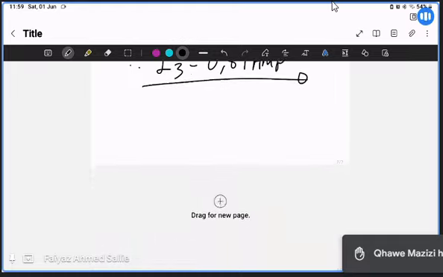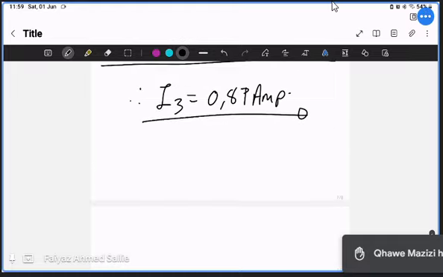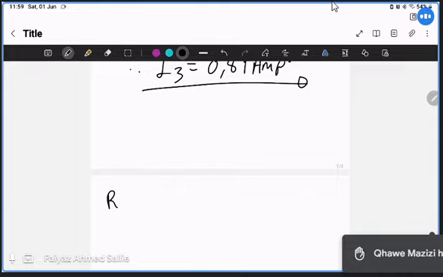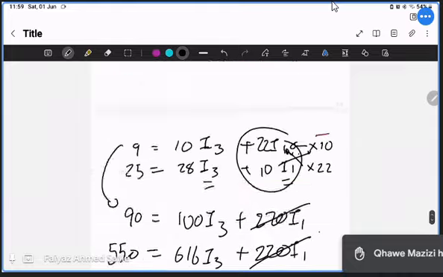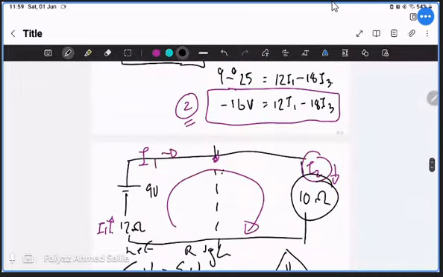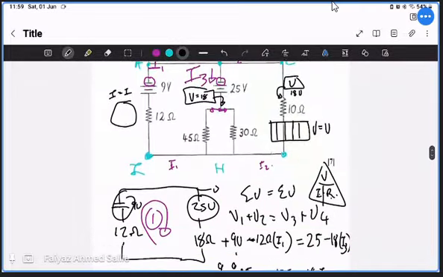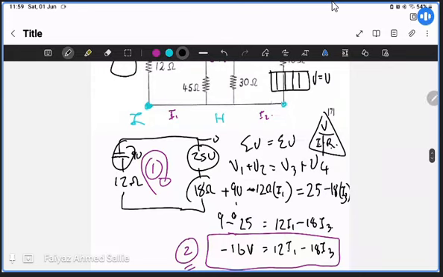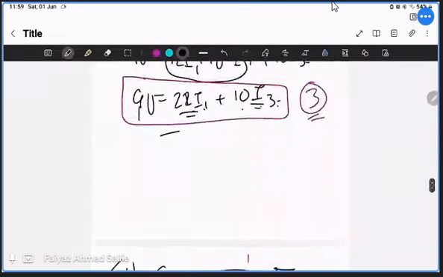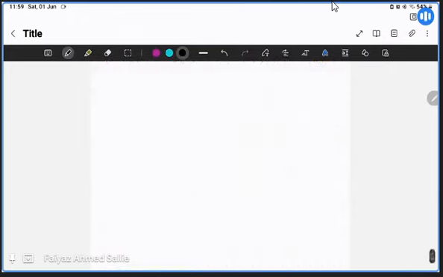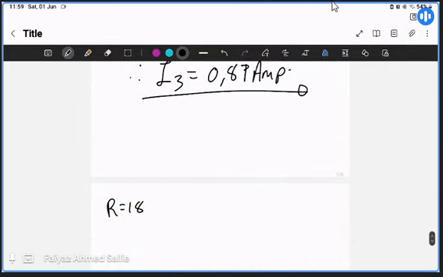So if our resistor is equal to 18, let me check again. So our resistor is 18, and our current, so R3 is 18, I3 is 0,81, right?